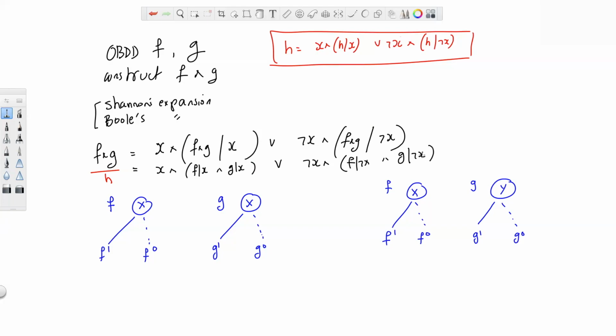Let's now evaluate what this is telling us about how to compute this conjunction. In this case, what happens? Help me out here. What is f restricted on this? Remember, this is the high child, we call it f1. The low child, we call it f0. What is f restricted on x? People are saying f1, correct?